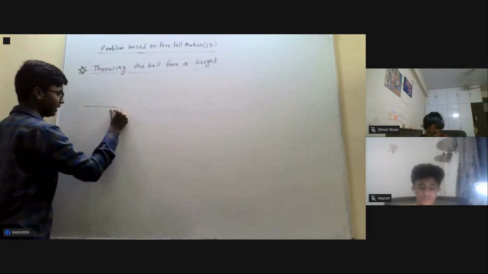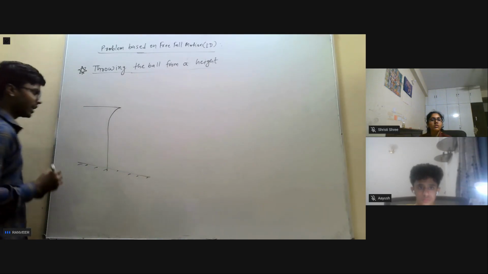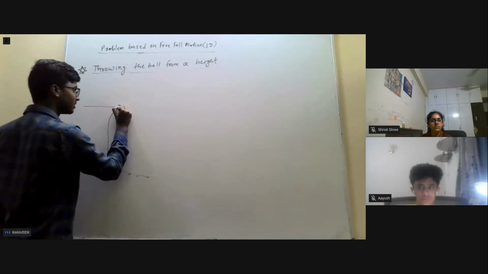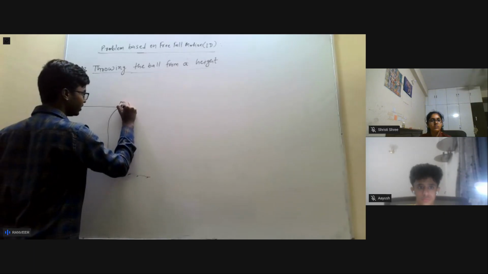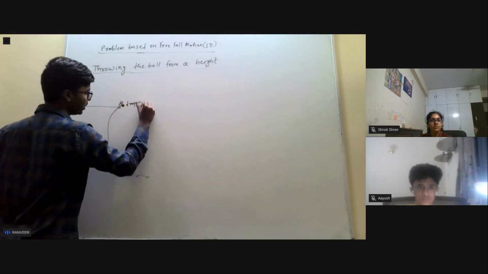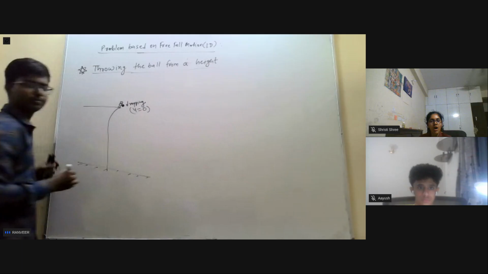So if you take a building and you go onto the balcony of the building, what can you do? First, you are dropping the ball. Dropping the ball means u equal to 0.